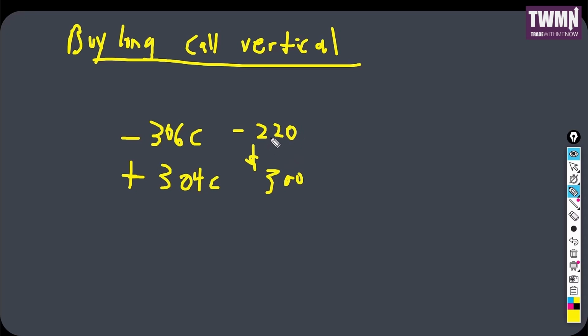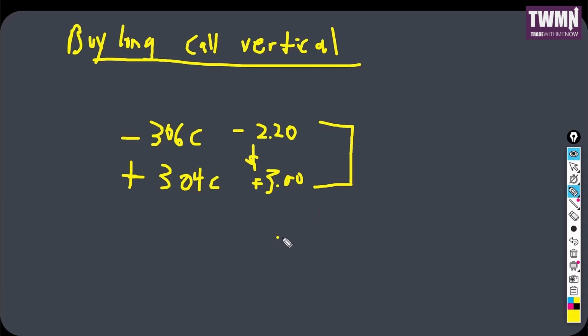I'm going to put the dot here just so this makes sense, right? So you buy it for $3, and this one you could sell for 220, but it's done like this. You're going to see me do this a lot. That's a vertical. It's just what I use, right? So if I paid $3 for the call that I bought, and 2 strikes above, I sold the call above it, all done in one transaction.